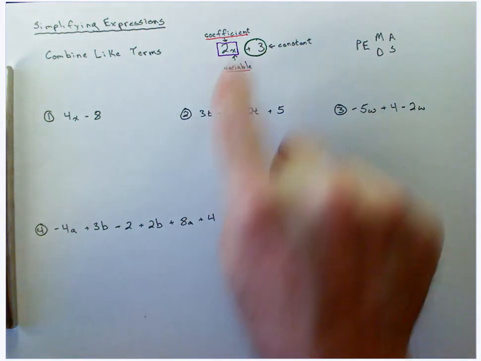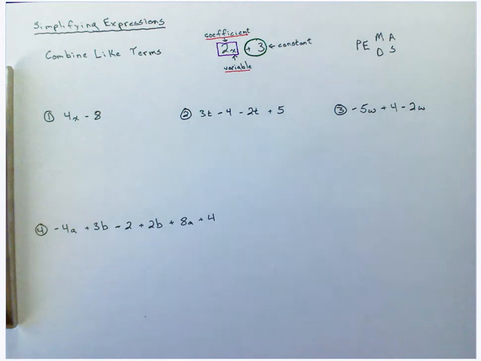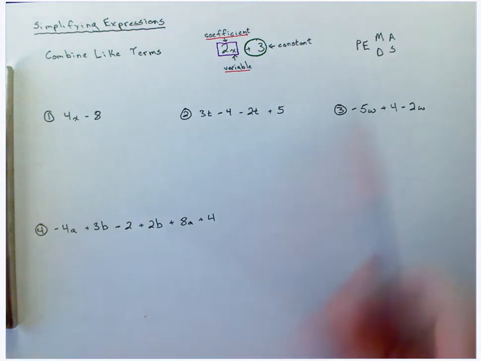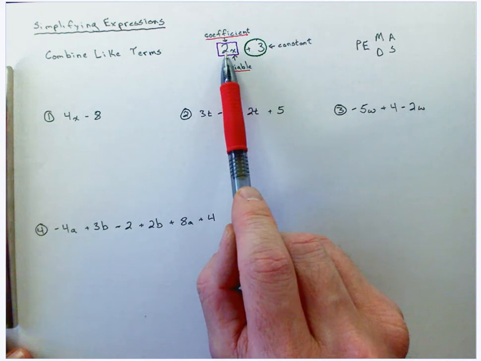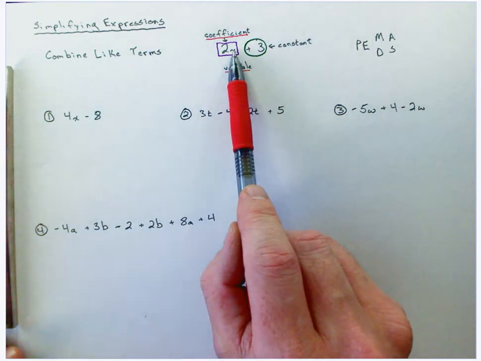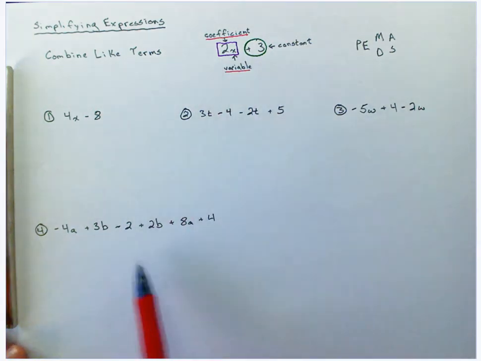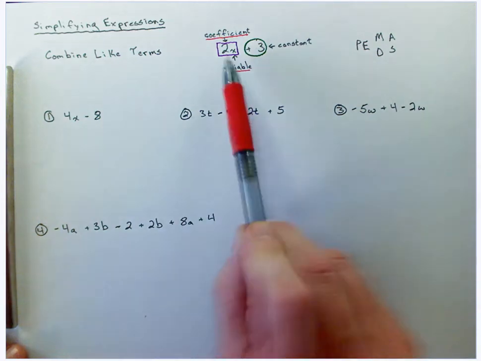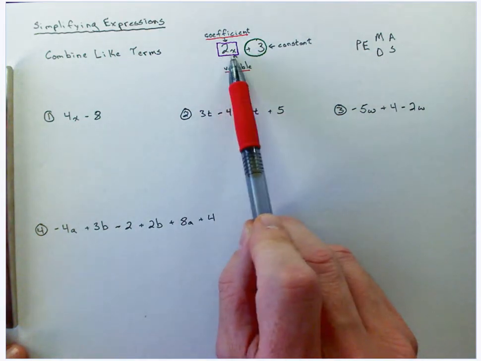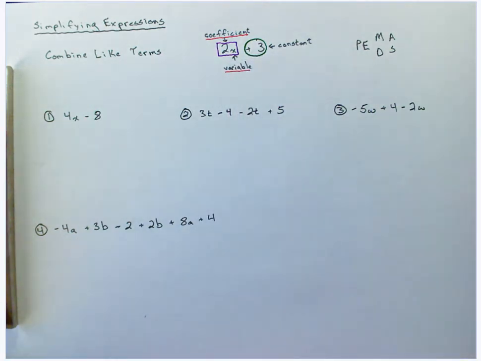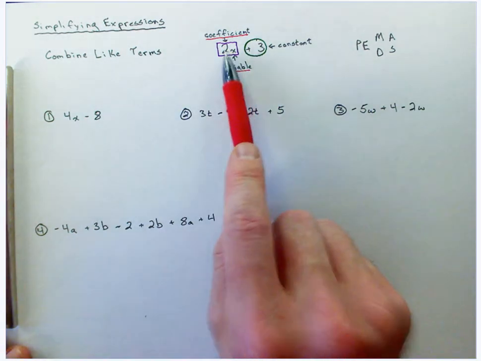This does not simplify to 5x, which a lot of people think that it does. The reason is because of your order of operations. I just told you that going on between the 2 and the x is multiplication. I cannot add before I multiply. I have to multiply before I can add. So this is in its simplest form.